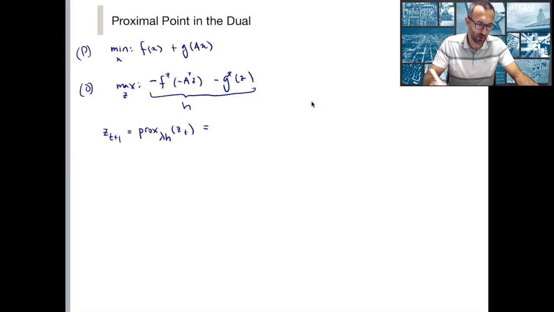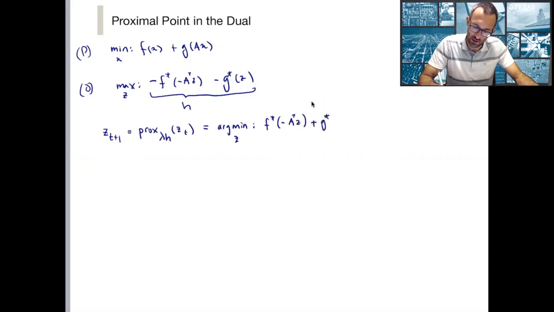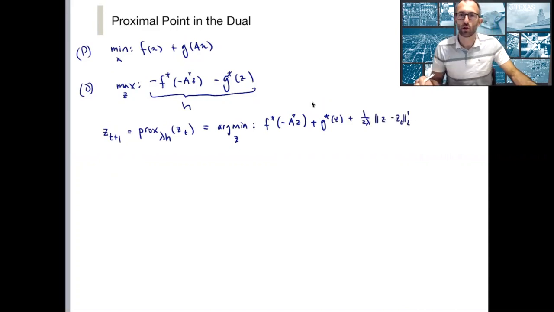Just by definition of prox, this is the argmin over z of f star of minus A transpose z plus g star of z plus 1 over 2λ times the norm of z minus z_t squared. Note that I just pulled a minus sign through.